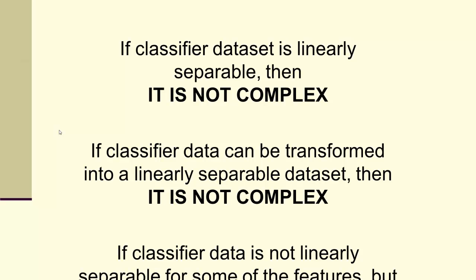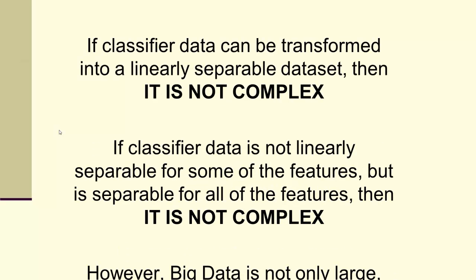So we've been looking at data sets that are not complex. The last data set being the exception, because classes 1 and 2 were the exception to the things that we had looked at before. So in summary, if a classifier data set is linearly separable, it's not complex.